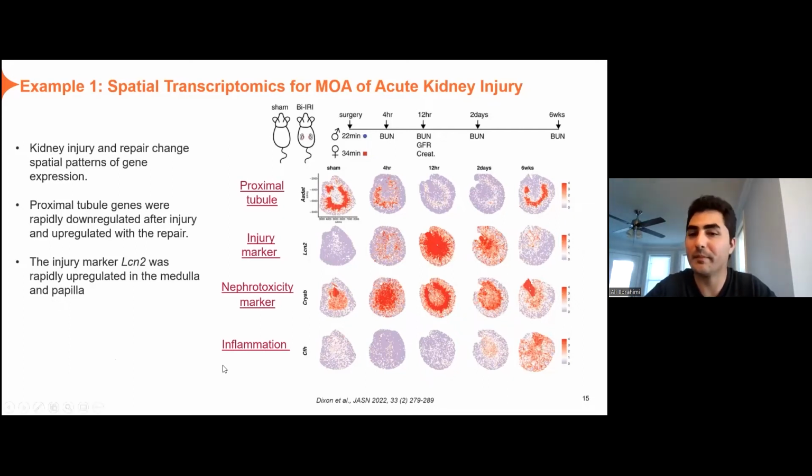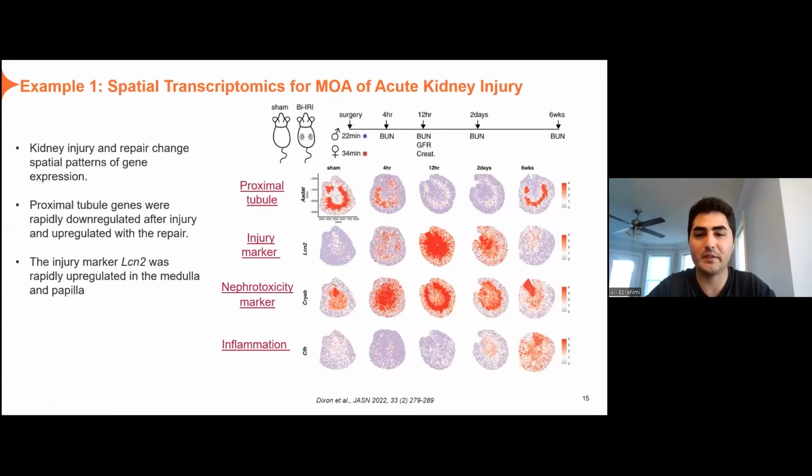For example, here one of the injury markers, LCN2, is shown. For a control mouse it doesn't show any expression, but during the injury and repair phase you see the highest expression, and it loses its expression again during the healing.